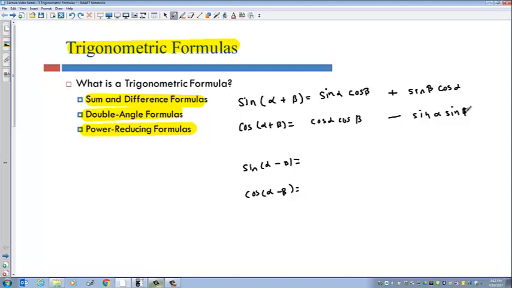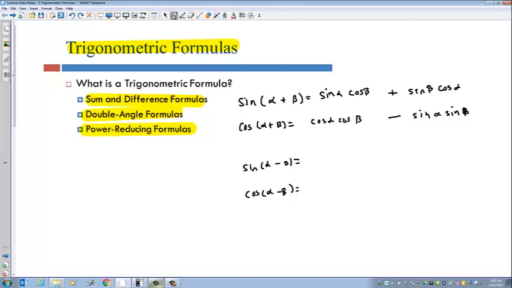Again, the idea is if you want to memorize these, something is the same and something's different. For the sine, it has the same sign, but something's different, that's the sine cosine part. And for the cosine, something's the same and something's different. What's different is the sign, so you put a minus here, so there's a plus, there's a minus. And what's the same is the cosine. That's how I like to memorize these.